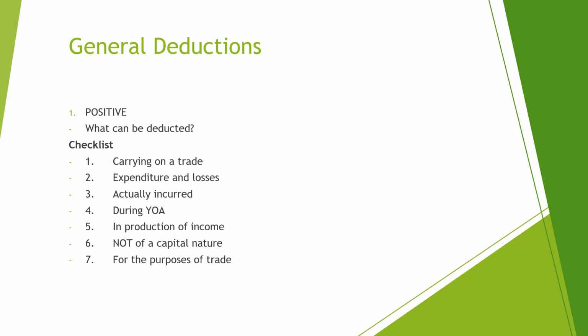In production of income, you need to ask yourself, the expense that you have, how is it linked to your income? Was it in production of income, or was it your personal expense? If it was your personal expense, then it cannot be included. It should be in the production of the income that you have derived.